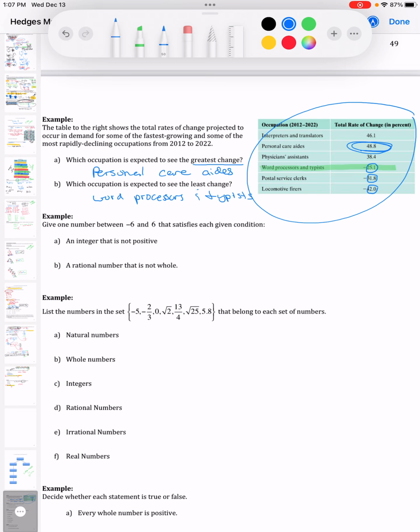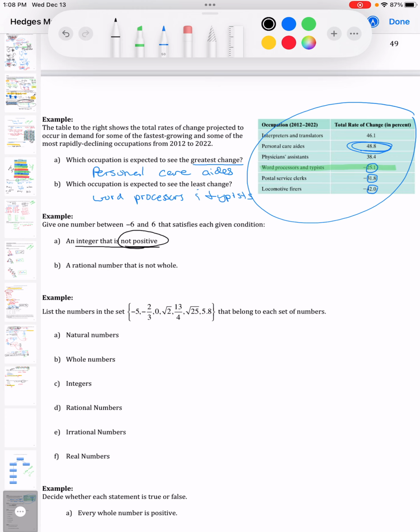All right, the rest of these are going to use those definitions that we looked at when we were looking at the different types of numbers. For these two, there are lots of different possible answers, so I'll just list some. We want one number between -6 and 6 that is an integer that's not positive.